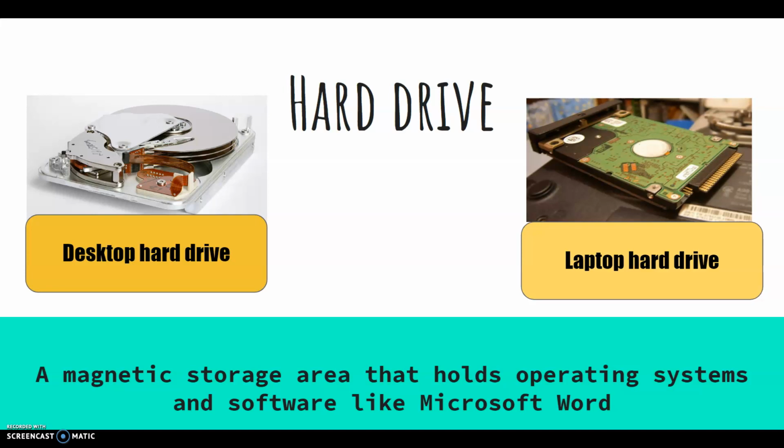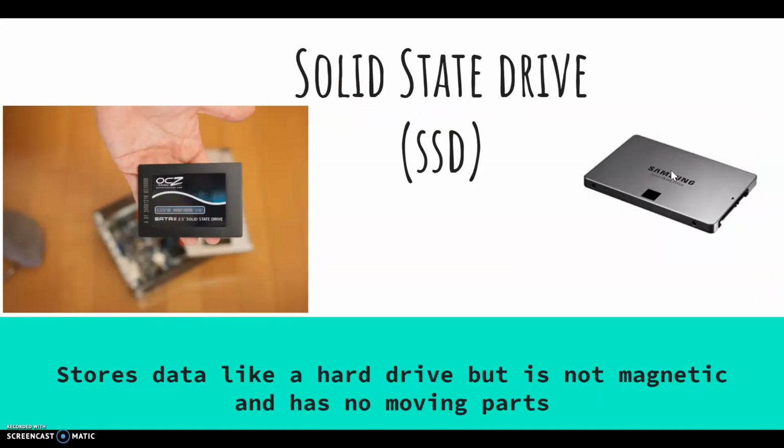The hard drive is actually a few circular disks stacked on top of one another. The little arm moves over the disks and writes things, and it can write and read the information it has on them. And this is a picture of a desktop hard drive, and this is just an example of a laptop hard drive.